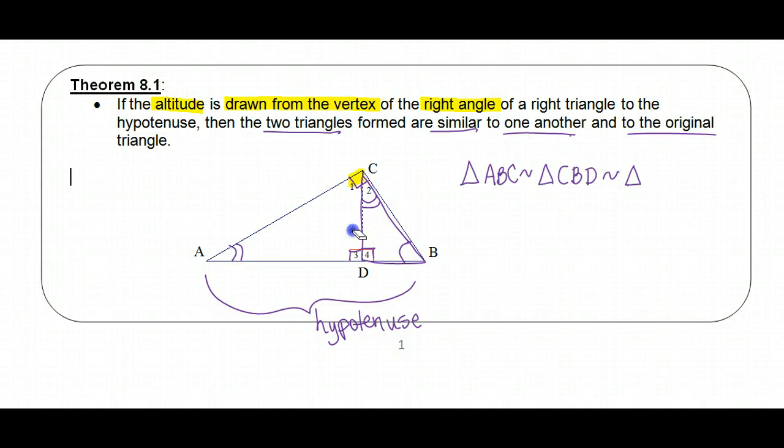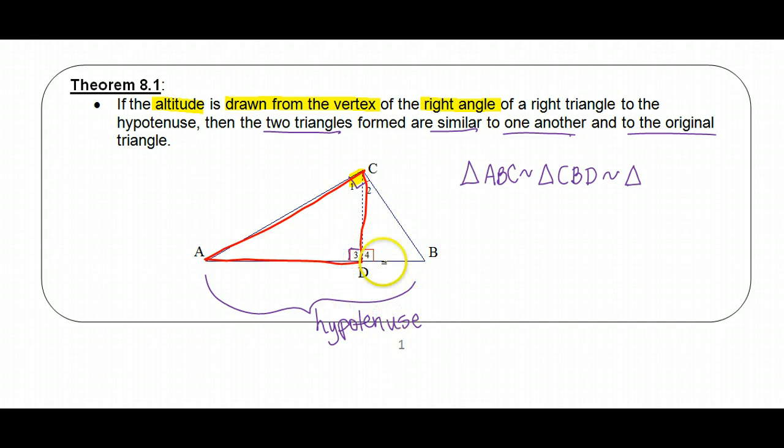All right, let's look at another triangle that's going to be similar. Actually, let me erase the markings here. And now let's look at this triangle. If we compare it to triangle ABC, obviously they both have a right angle.